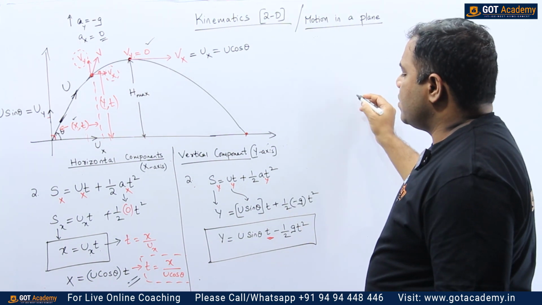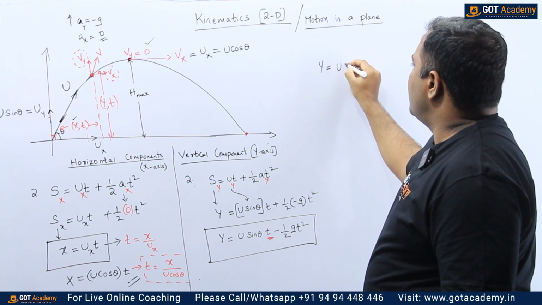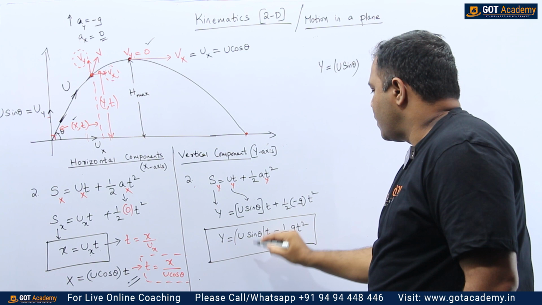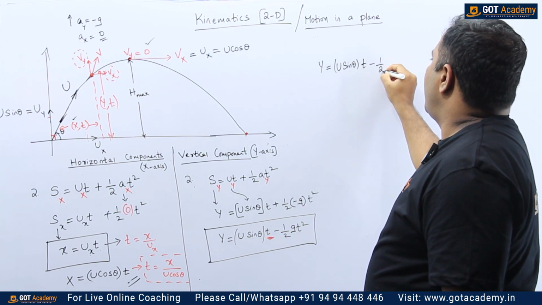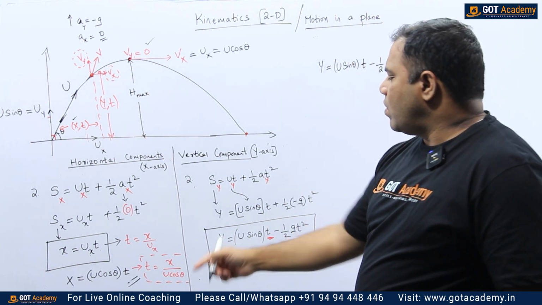So now coming to this, y is equal to u sin theta into t minus half g t square. What is t here? x by u cos theta.